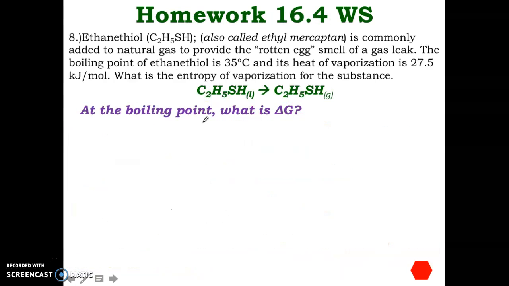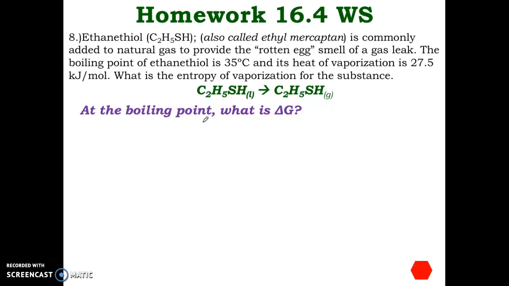Next, let's look at question number 8. A little spin on the equation that we have been using. Let's read through the problem, then I'll go over what exactly it's asking. Ethane thiol is commonly added to natural gas to provide the rotten egg smell of a gas leak. The boiling point of ethane thiol is 35 degrees Celsius, and its heat of vaporization is 27.5 kilojoules per mole.